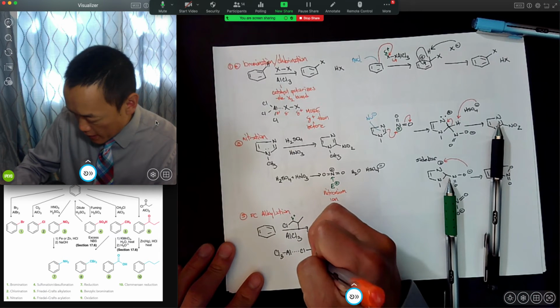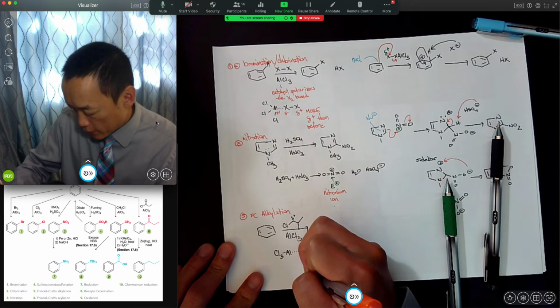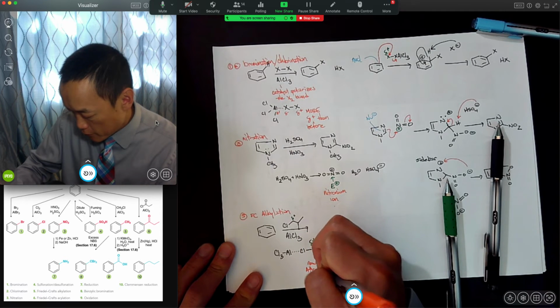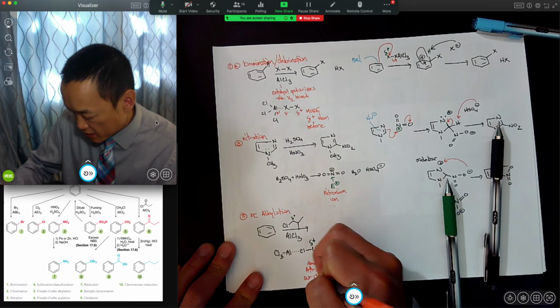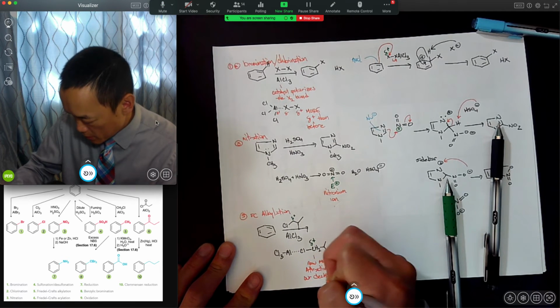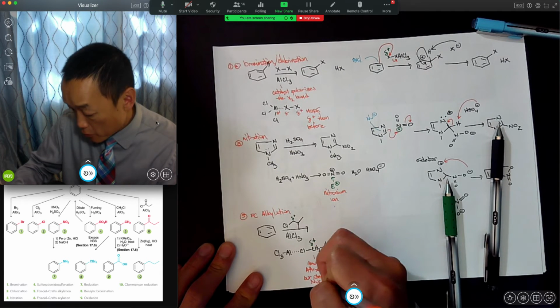So this is now more attractive to our decent nucleophile.